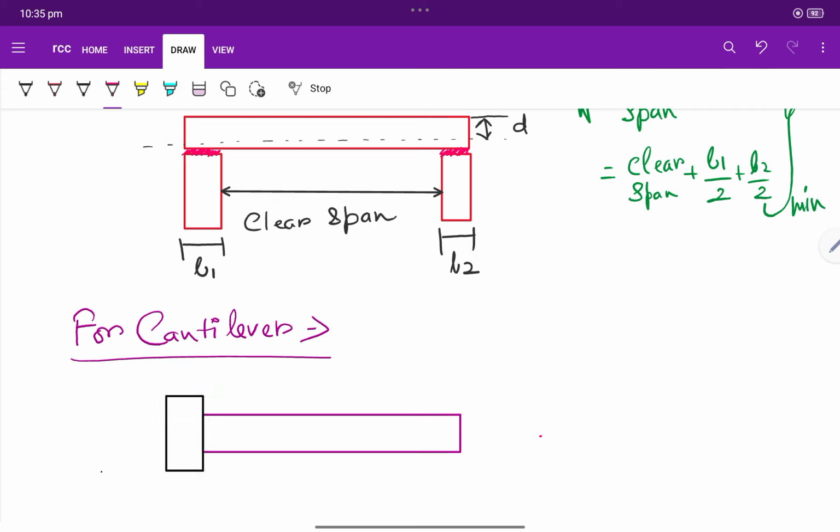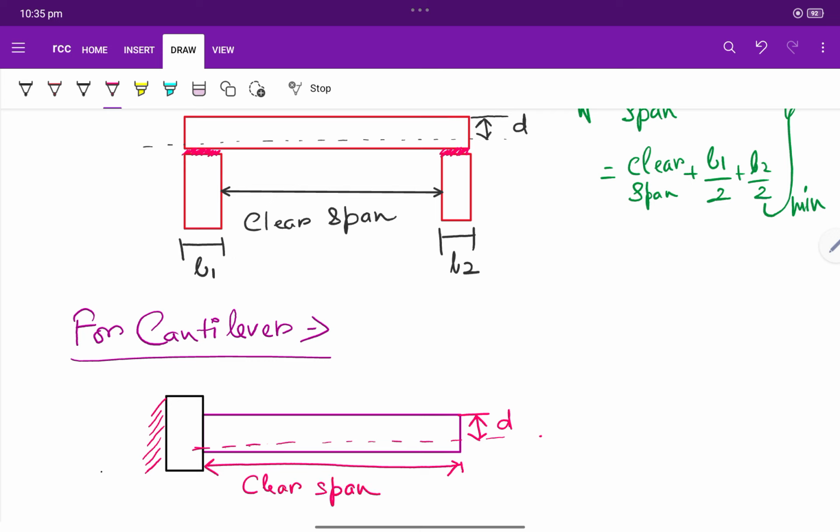This is a support, and the beam is fixed from here. This is a cantilever, so this is the effective depth D, and this is the clear span.